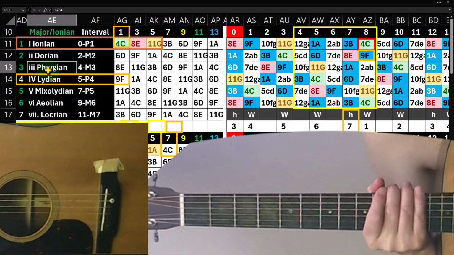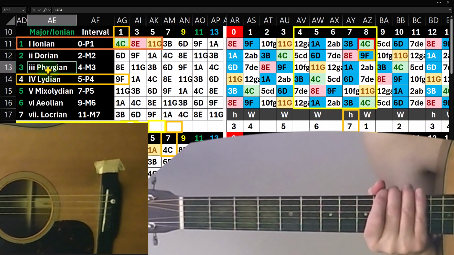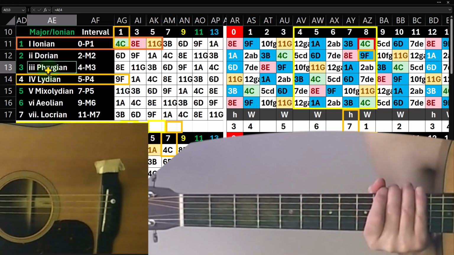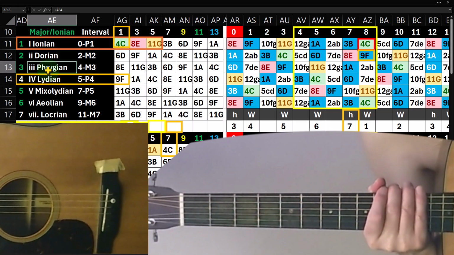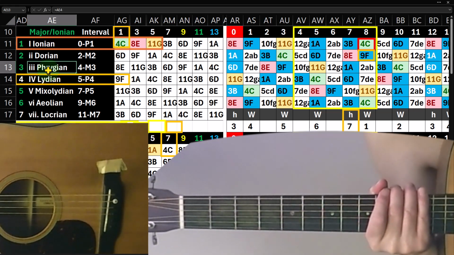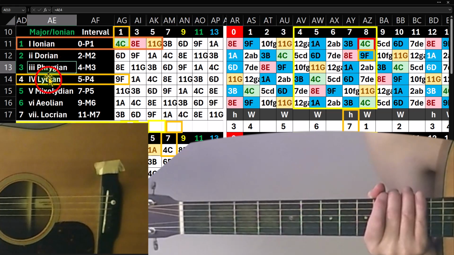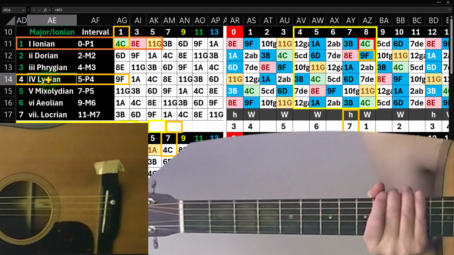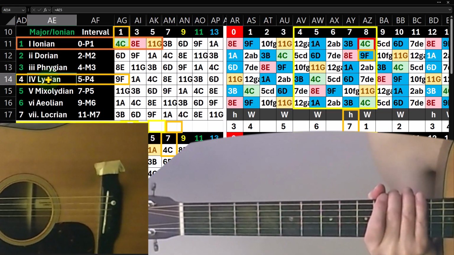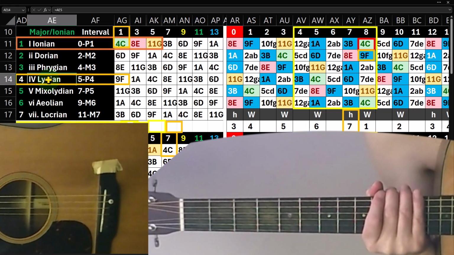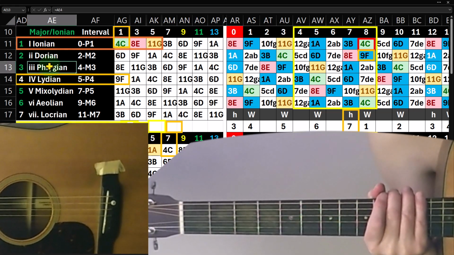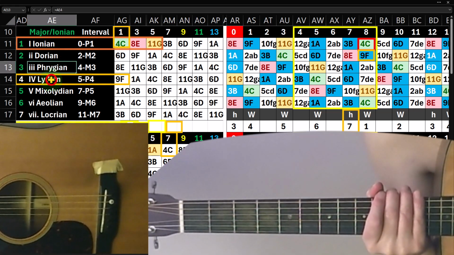Well, if I see it as absolute mode number 3, and I need to get it to 1, seeing it as the root, I have to subtract 2. So 3 minus 2 would be 1. And then I'm going to 4. If I subtract 2 on this one, I have to subtract 2 on that one. 4 minus 2 is 2, right? So I would be going from the first of the Phrygian to the second of the Phrygian.